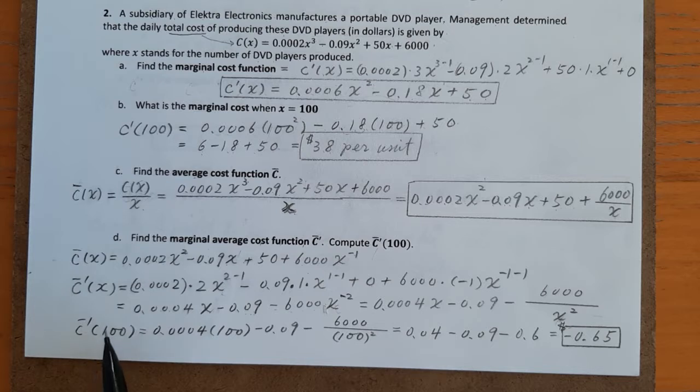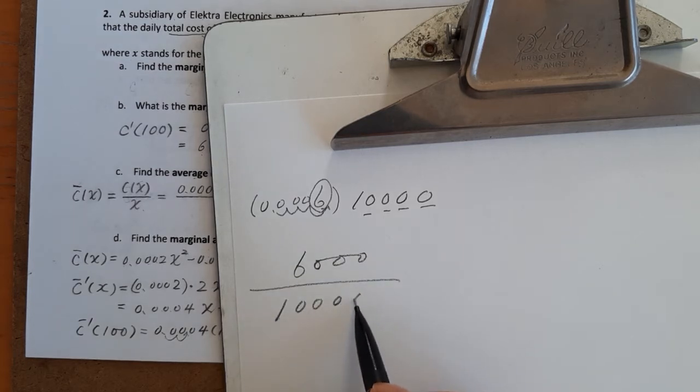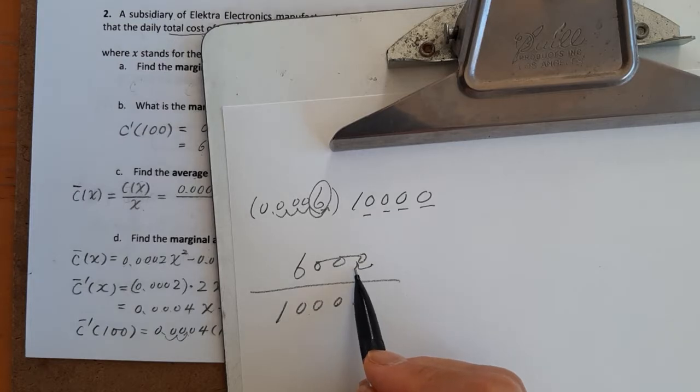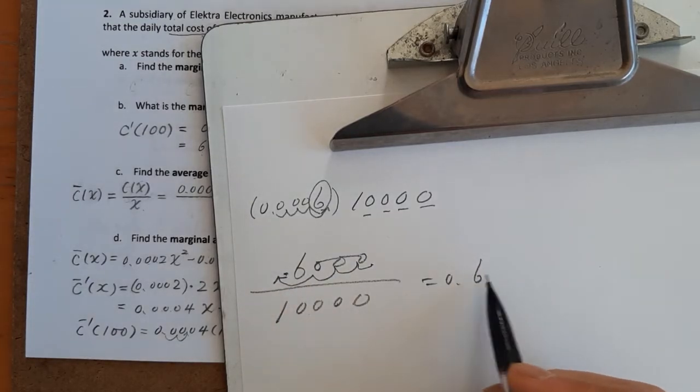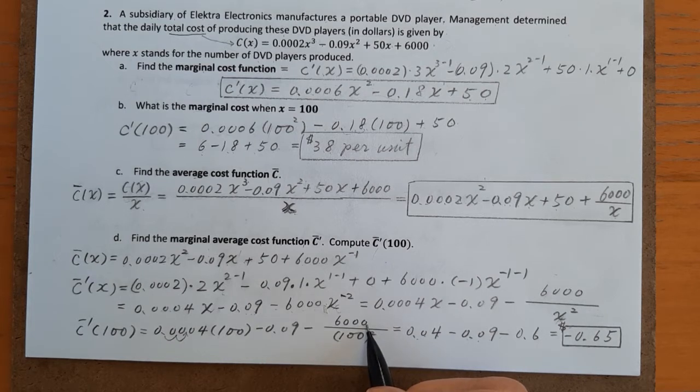So 100 plug in, x replaced by 100. 0.004 times 100 is 0.4, minus 0.09, minus 6,000 divided by 100 squared. 100 squared is 1 with 4 zeros, so move the decimal point of 6,000 four positions, get 0.6.